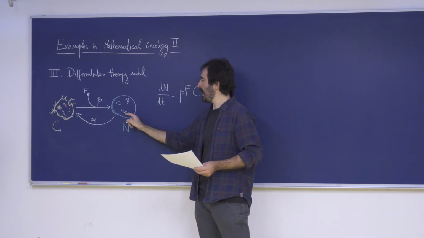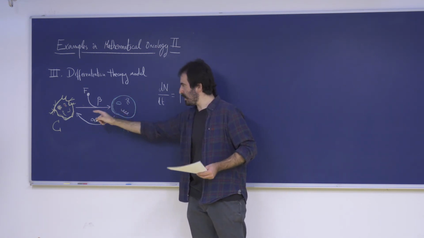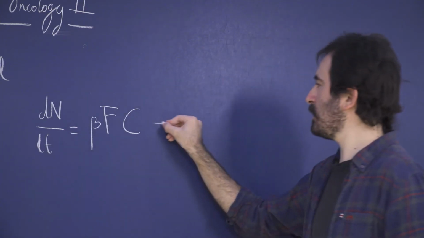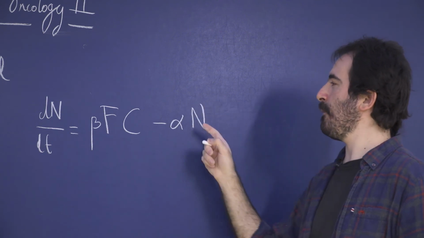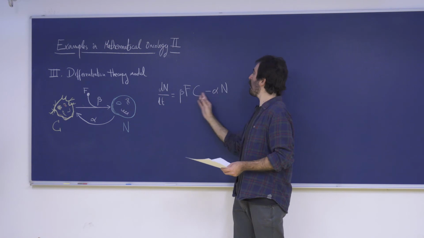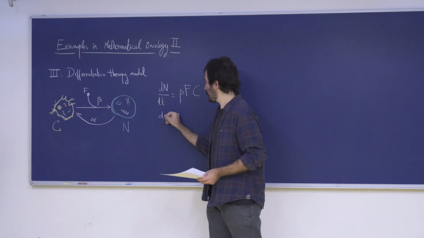On the other hand, from this back reaction, or de-differentiation back into cancer cells, normal cells are being depleted in some sense, feeding back the population compartment of the cancer cells. So we have this simple equation for the normal cells, or the normal tissue.